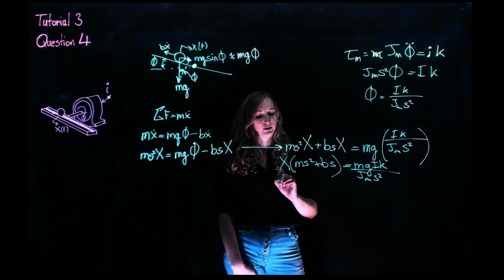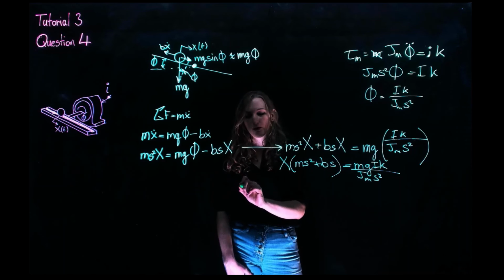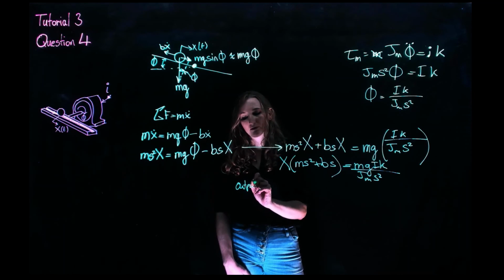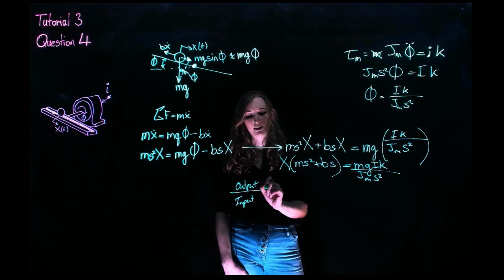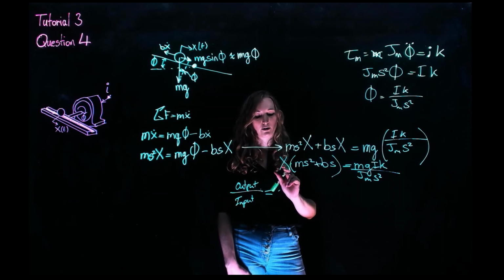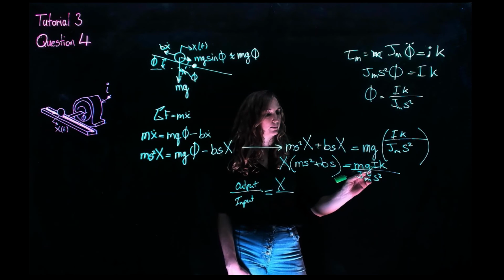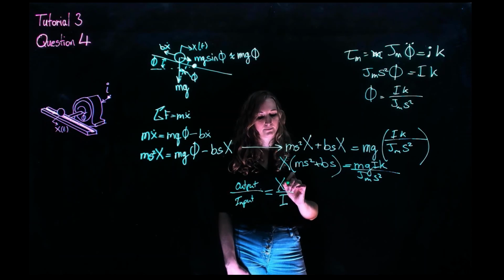And finally rearrange to our transfer function form, where we want our output over our input. So that's always what you want with a transfer function. Our output is x, our input is our current I. Those are both in the S domain.